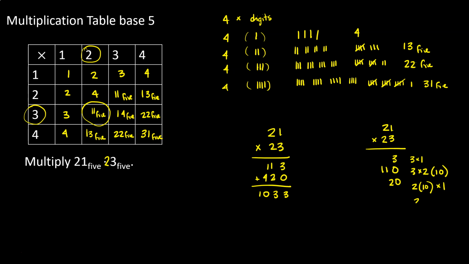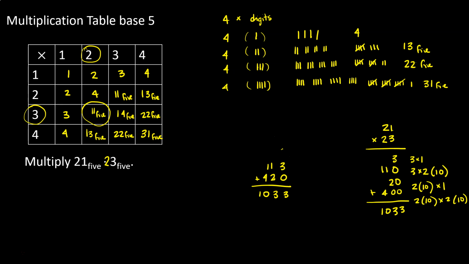And then we do 2 groups of 5 times another 2 groups of 5. And then we add them all together. 3 plus zeros is 3. 1 plus 2 is another 3. 4 plus 1, that's another group of 5. So we get the same answer here, even if we do the expanded algorithm.